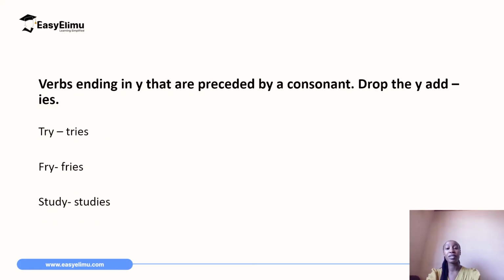There are some verbs that end in the letter Y, and just before the letter Y is a consonant. So verbs that end with a Y but are preceded by a consonant, we drop the Y and then we add I, E, S. For example, the word try.